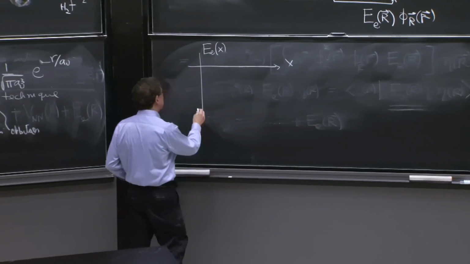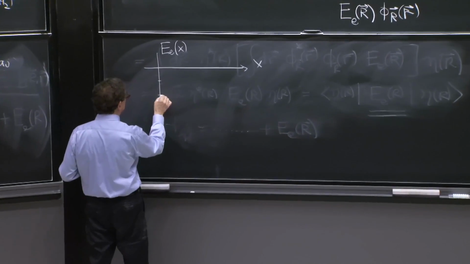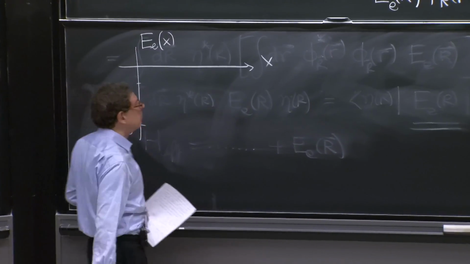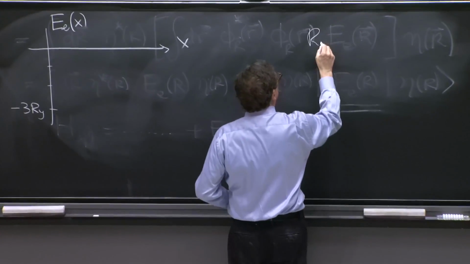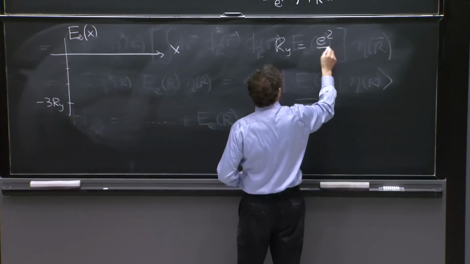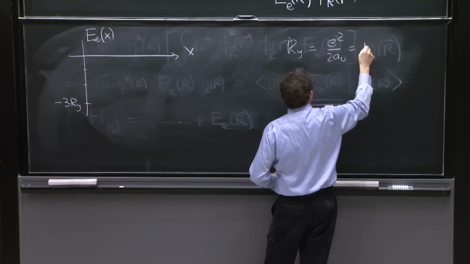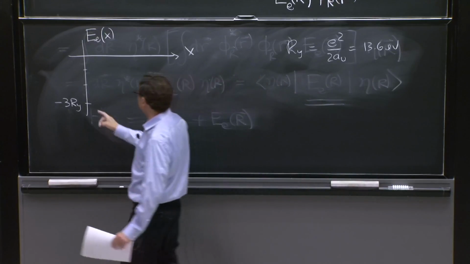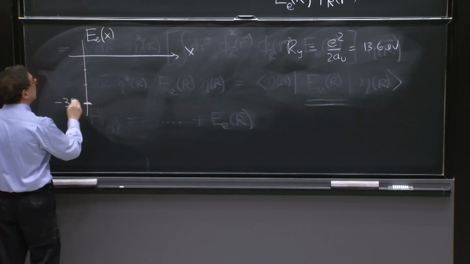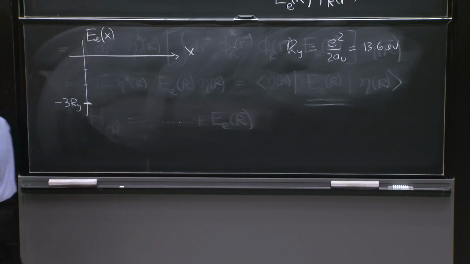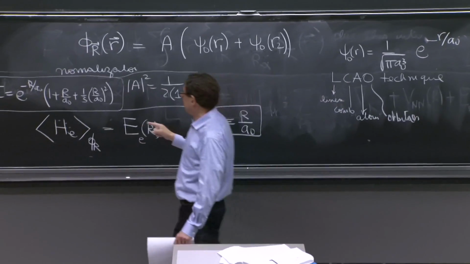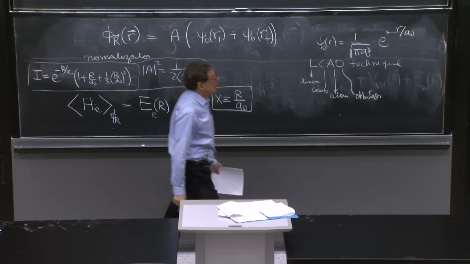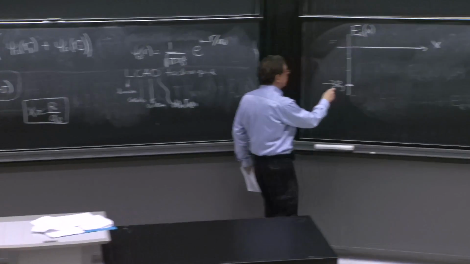It turns out that here you get minus 3 Rydbergs. Remember the Rydberg was e squared over 2 a naught, and it's about 13.6 eV. It's just the ground state energy of hydrogen. You do get that the energy due to the electronic configuration is negative, and it goes to this value.